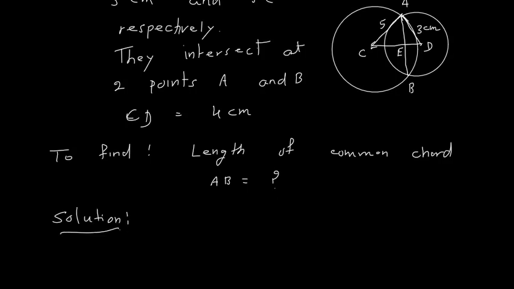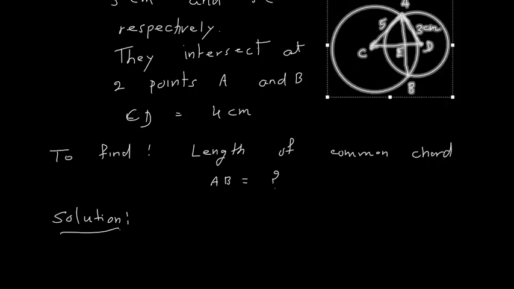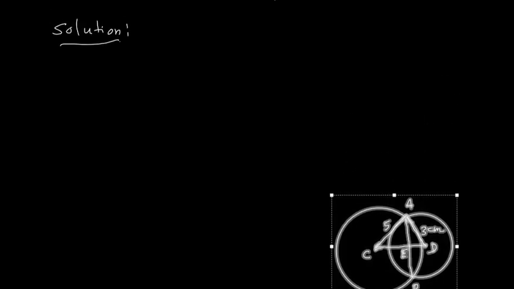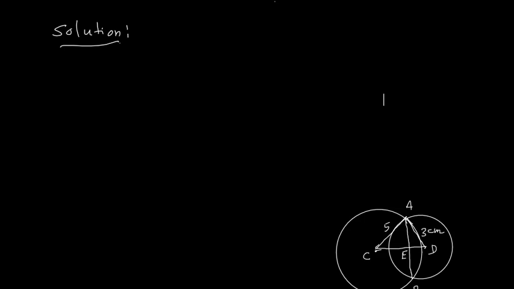In the previous lecture we have seen that when two circles intersect each other, the line segment joining the centers of these circles lies on the perpendicular bisector of the common chord.